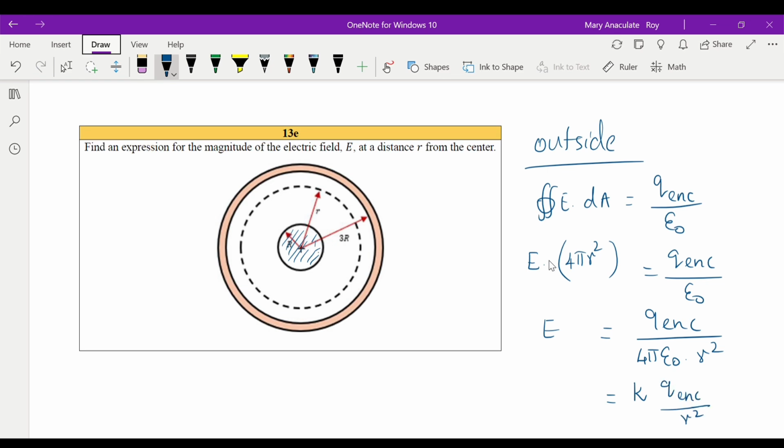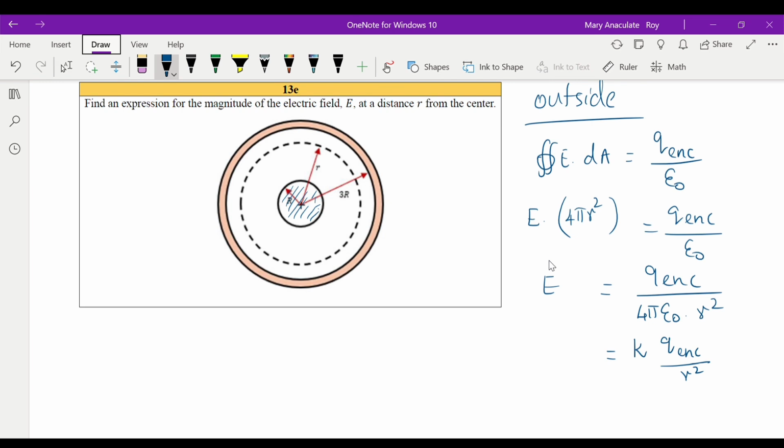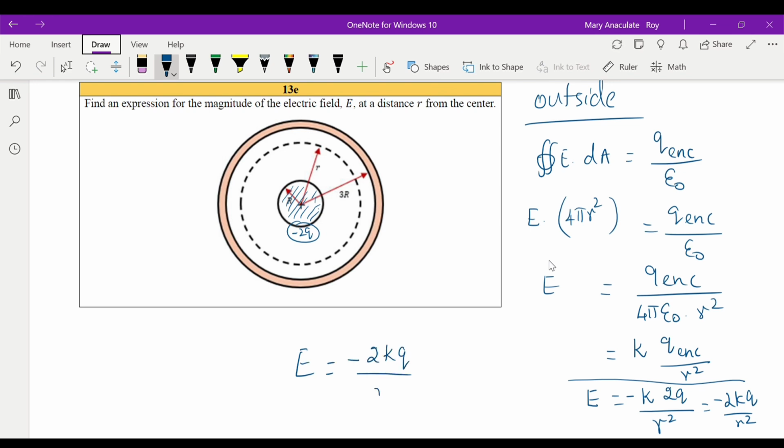Here you can write one more step because we know the q enclosed is negative 2q, already given in the question, so we can substitute that. So negative k times 2q over r squared, or negative 2kq over r squared, is the electric field strength expression. The final answer is E equals negative 2kq over r squared.